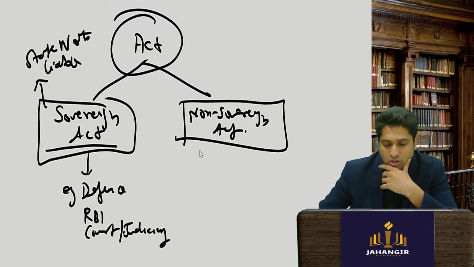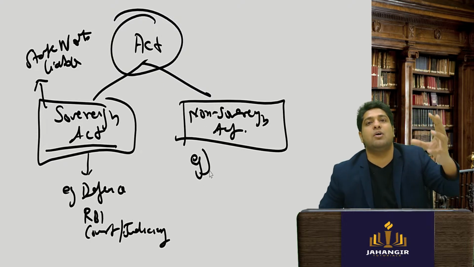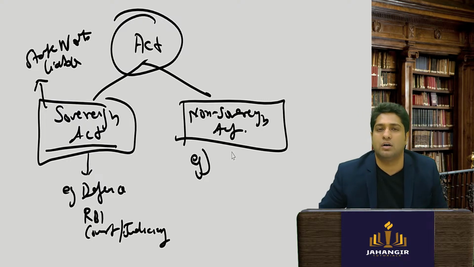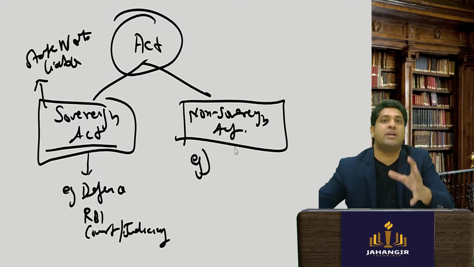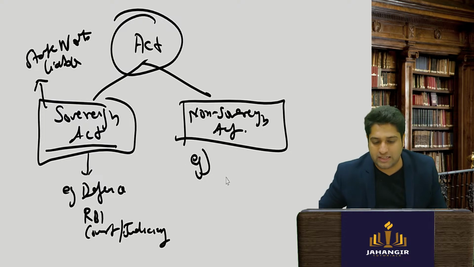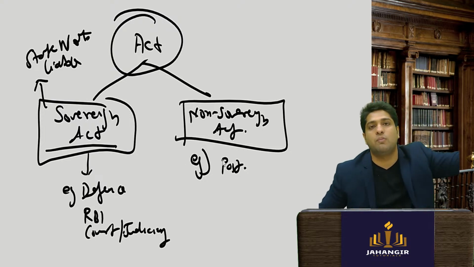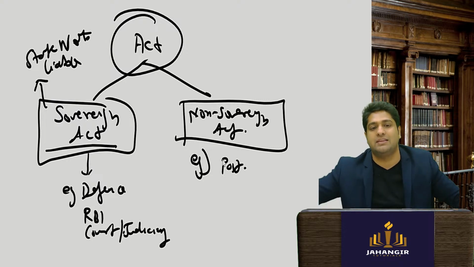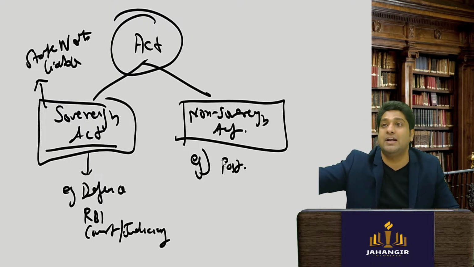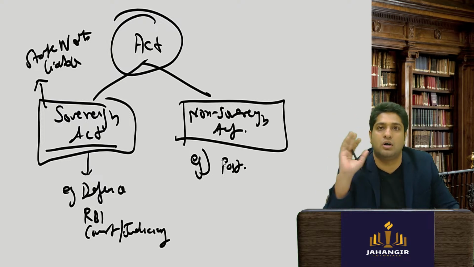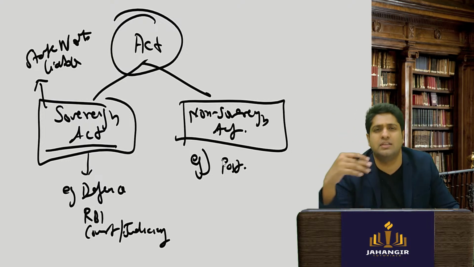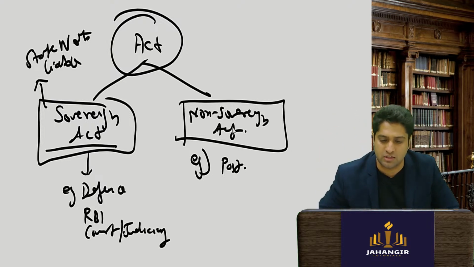Where it is a non-sovereign function, for example the government is competing with the private sector, it is not only the government that does it. For example, in the case of post, there is government post, India Post, and there is a private post. If India Post has lost the goods in transit, then the government can be held liable because it is non-sovereign.